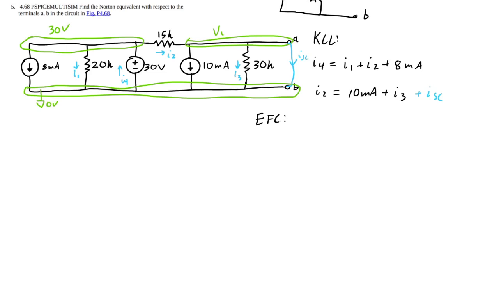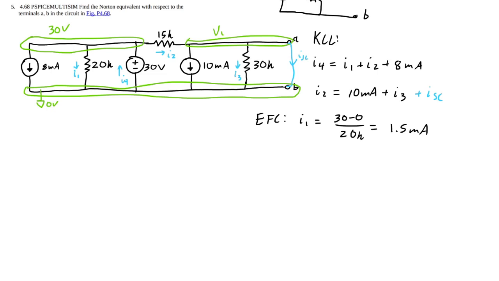I1 is going to be 30 volts minus 0 over 20 kiloohms. So that's going to be, I think, 1.5 milliamps. Double check, 30 divided by 20,000. Yeah, that's 1.5 milliamps.